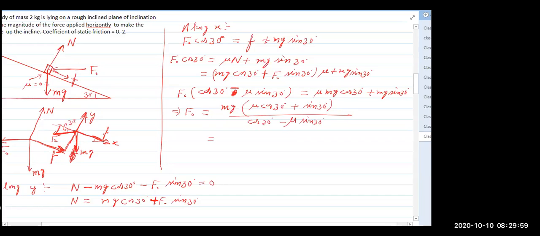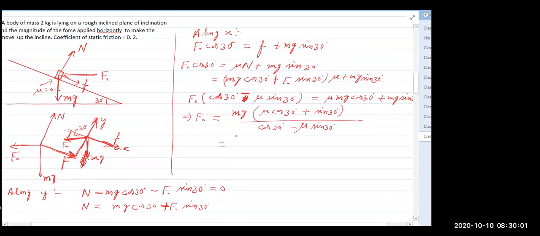So put all the values now. 2 kg, 2 into 10, mu is 0.2, cos 30 is root 3 by 2 plus half, divided by cos 30, which is root 3 by 2, minus 0.2 into sin 30. Sin 30 is half.